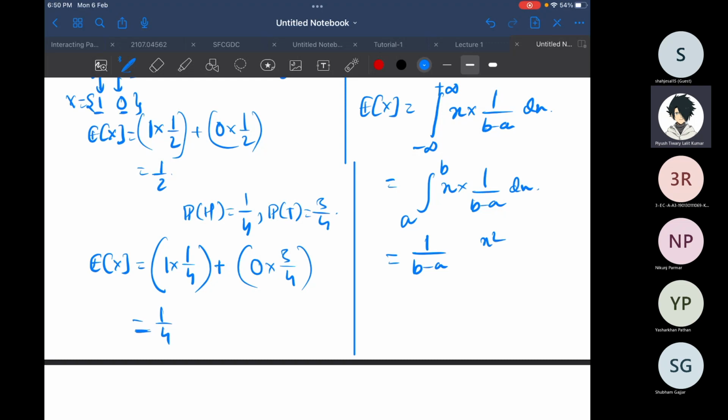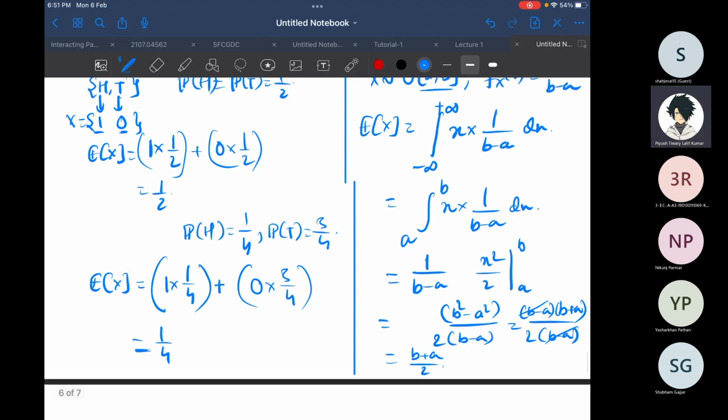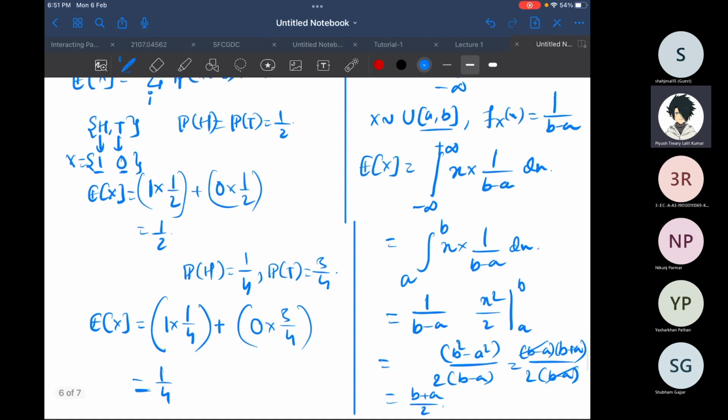So x square by 2 goes from a to b, and this becomes b square minus a square by 2 times b minus a, and b square minus a square is b minus a into b plus a. So this is b minus a into b plus a by 2 times b minus a. This will cancel out, and this will become b plus a over 2. So this is the expected value of a uniform random variable.